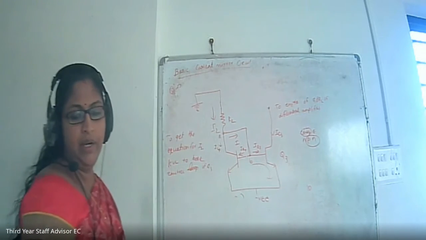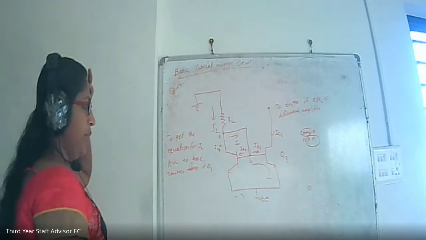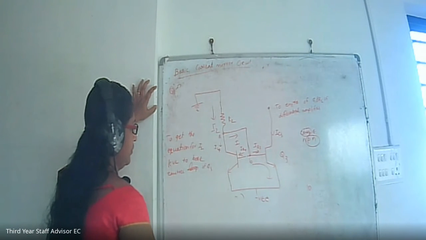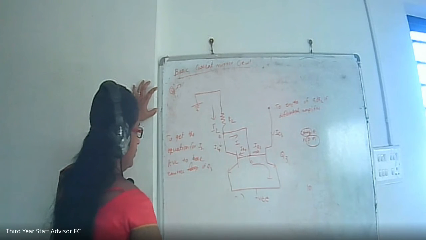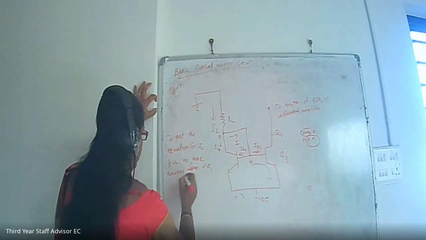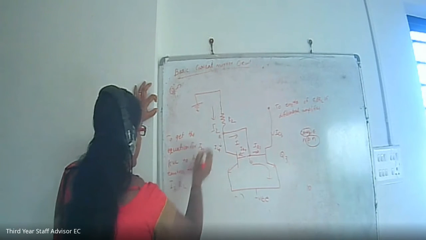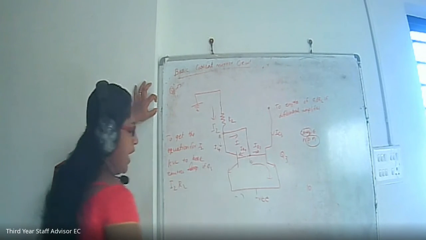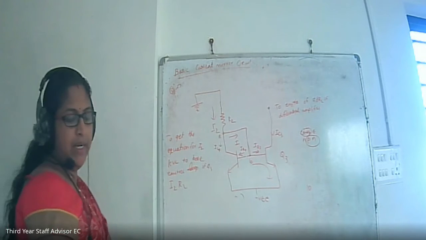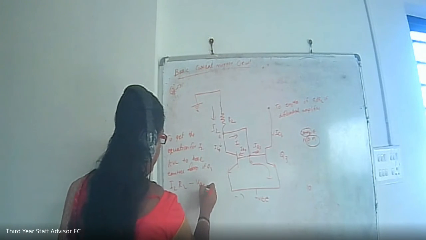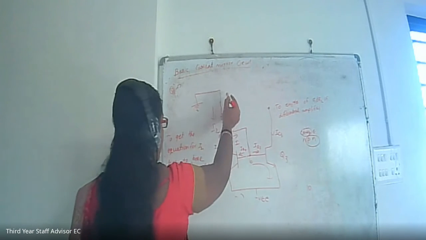So in that you can write I2 into R2 minus VBE3. We are applying the KVL in this manner.